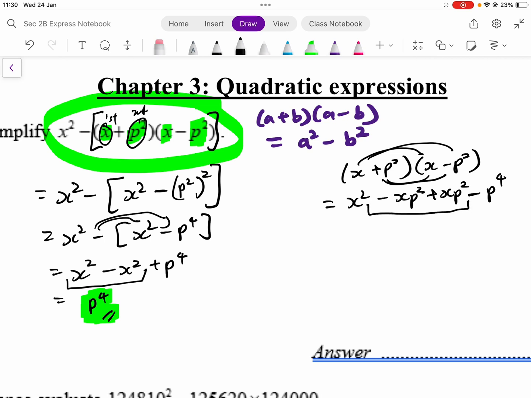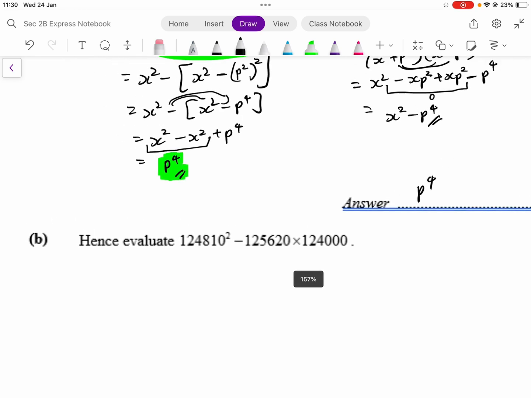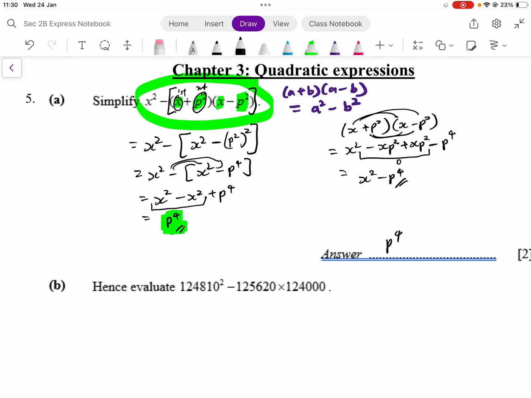This is the like terms, right? xp squared minus xp squared, so this will give you 0, so you're still left with x squared plus p to the power 4. So your answer here is p to the power 4. Now they say hence, so that means you need to use this answer from A to solve this one.